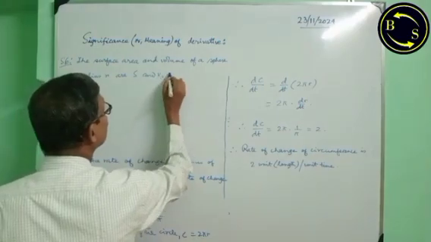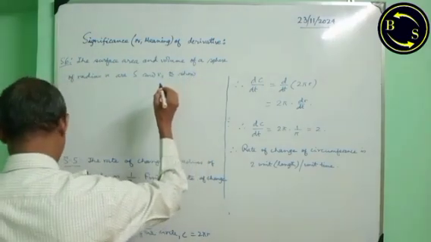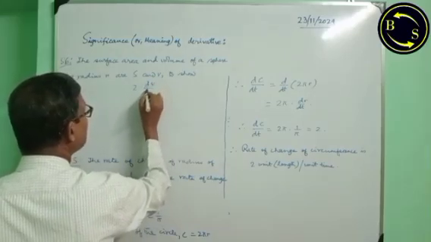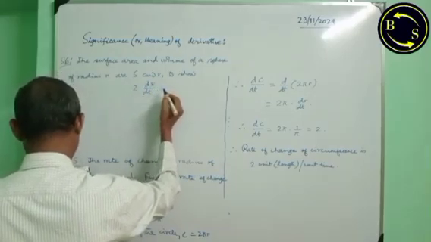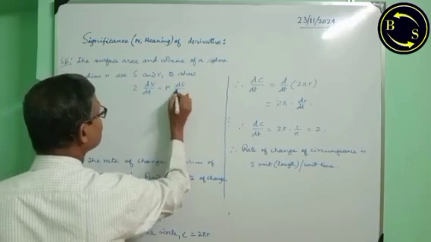Then we have to show that 2 dV/dt is equal to r into dS/dt.